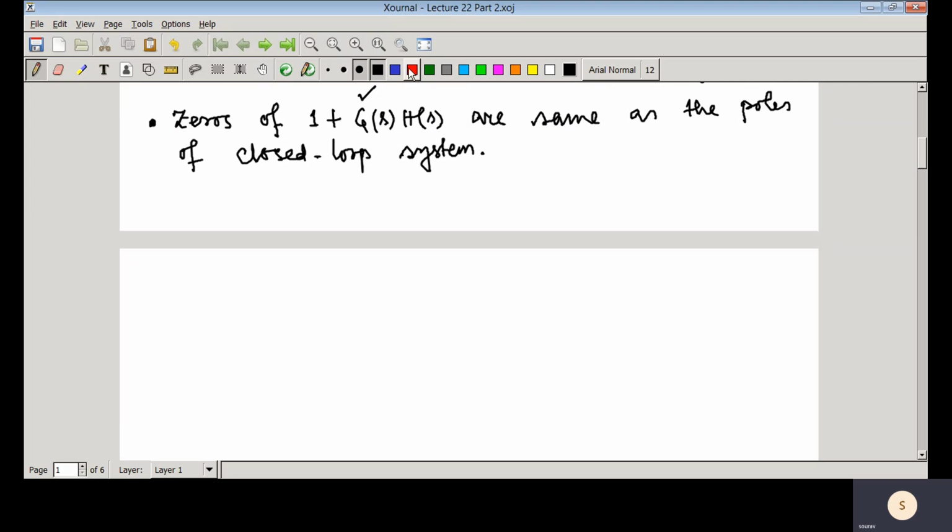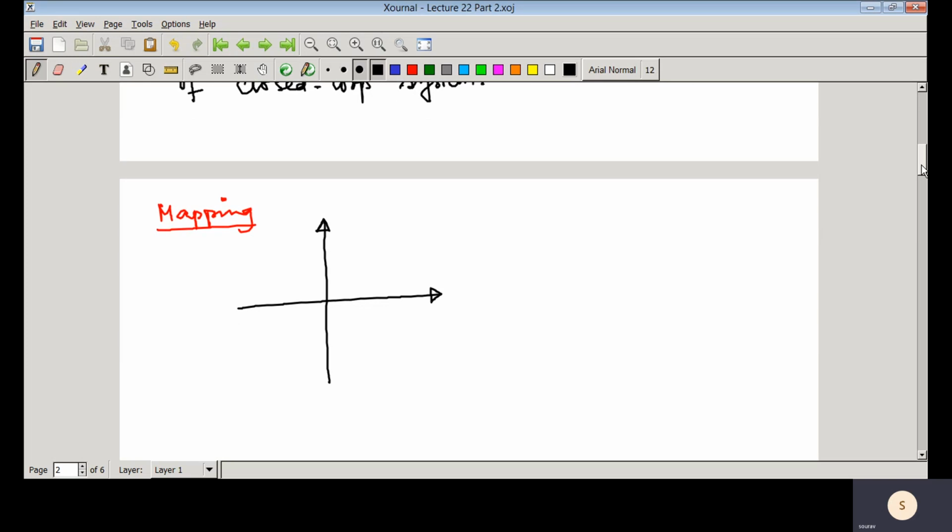Now I am just going to discuss what the principle of argument is. Before that, we need to understand mapping in the complex plane, so let us understand the mapping of a contour. This comes from complex analysis, and the Nyquist stability criterion we are going to discuss is based on this analysis.